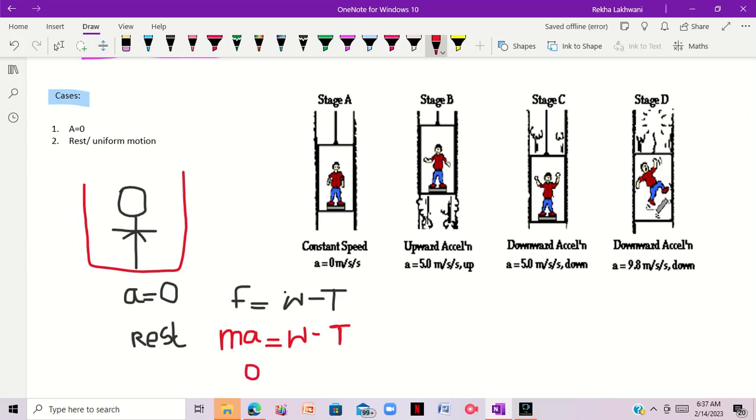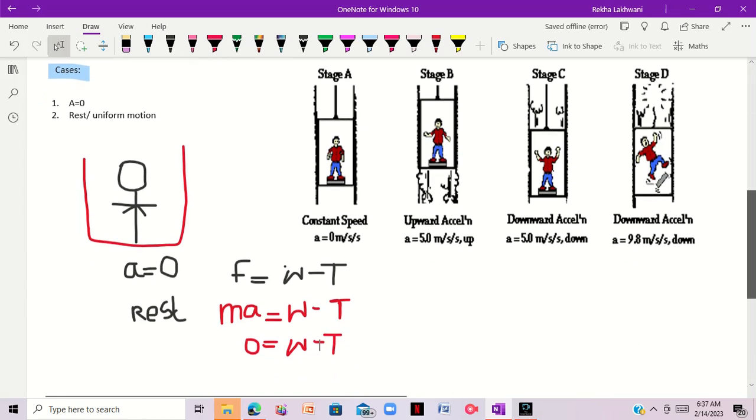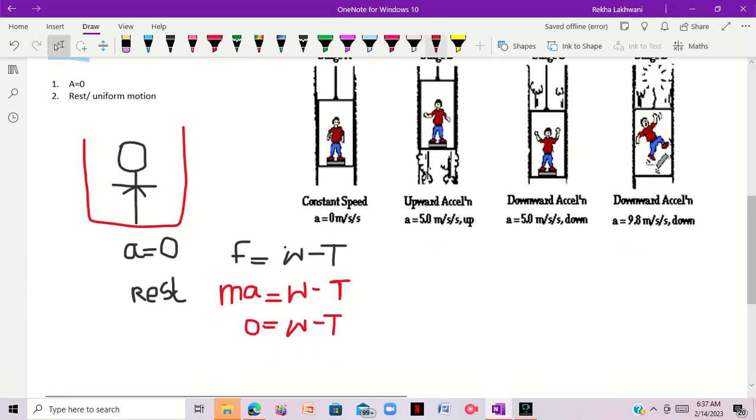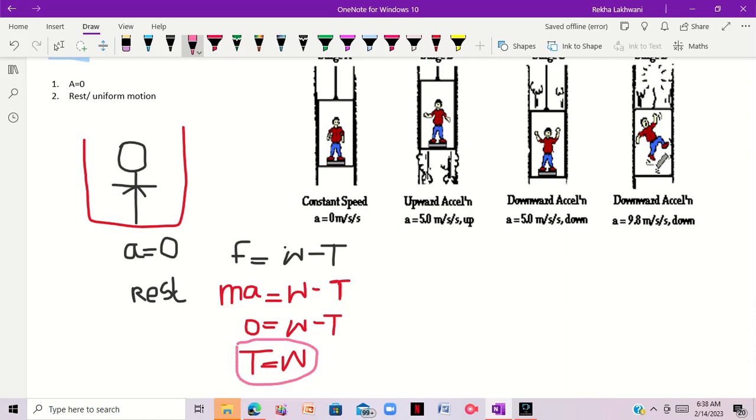It will be 0 = weight minus tension. Now this tension is negative, it will go there and become positive. Tension will be equal to weight. So we can easily say that when a body is at rest or in uniform motion, the apparent weight is equal to the real weight.